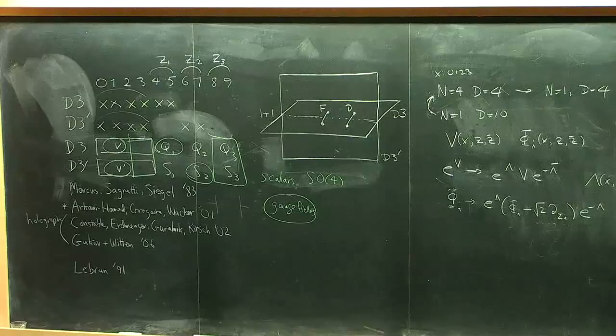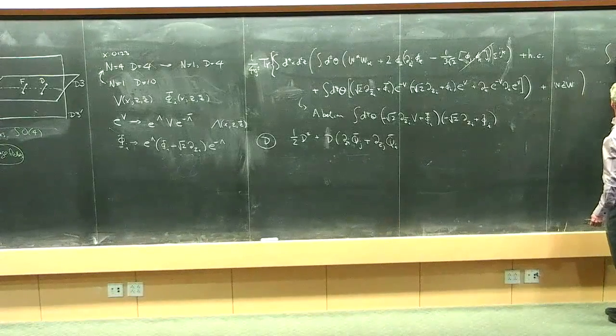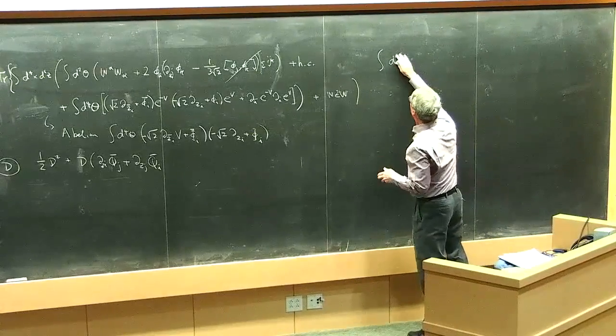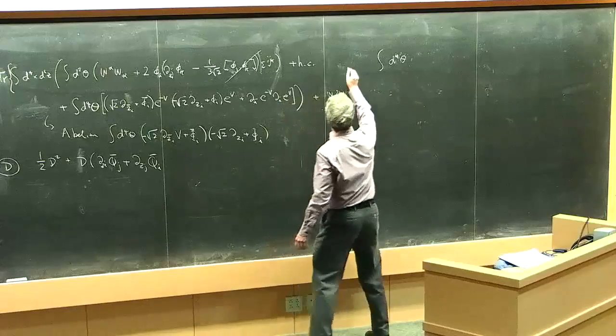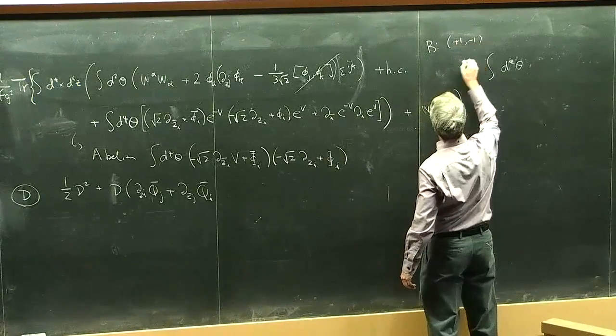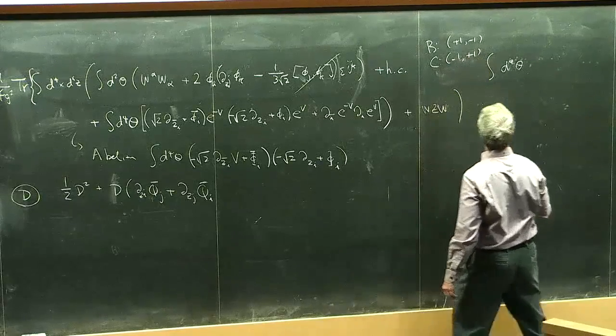And actually, I forgot, I still have to write down the hypermultiplet action. The hypermultiplet fields: I'll call one B, which has charge +1, -1 under the two U1s, and C, which has the opposite charges.